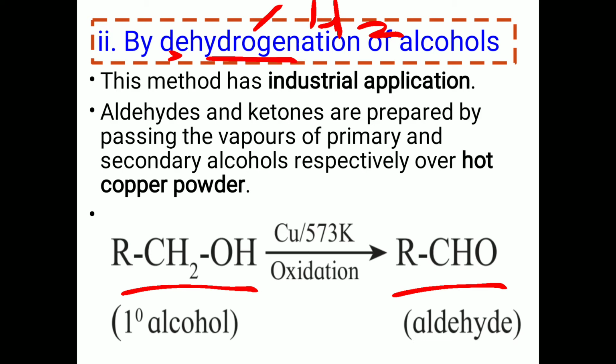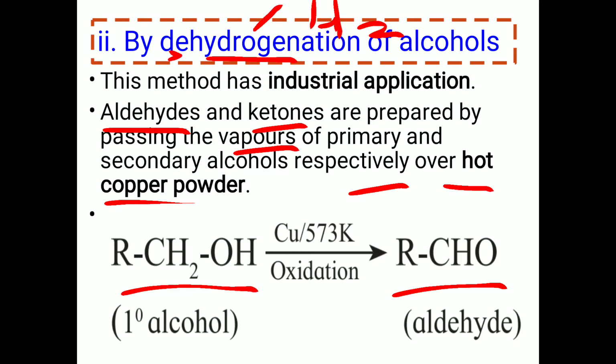Now let us study how this reaction takes place. Aldehydes and ketones are prepared by this method by passing the vapors of primary and secondary alcohol respectively over hot copper powder.